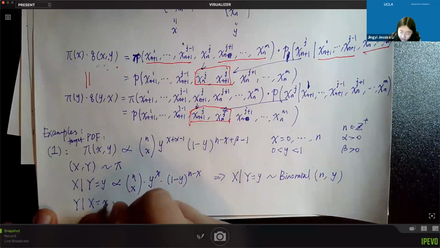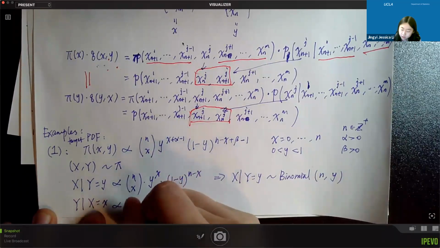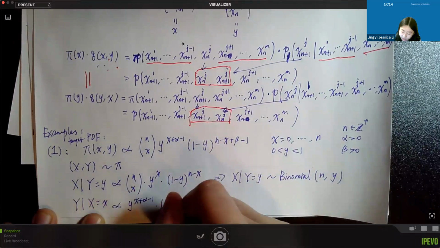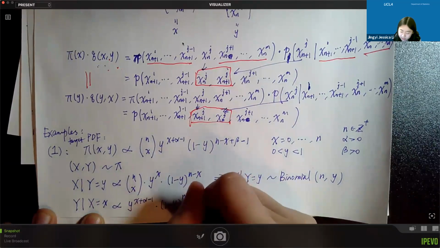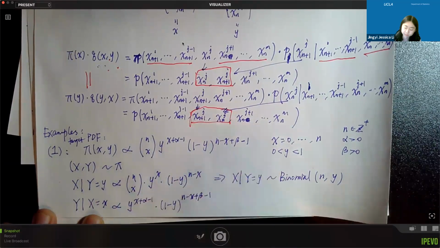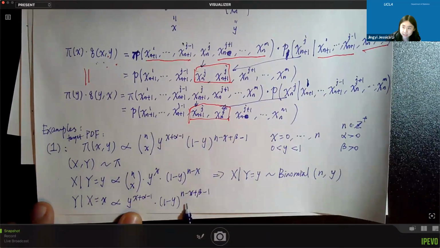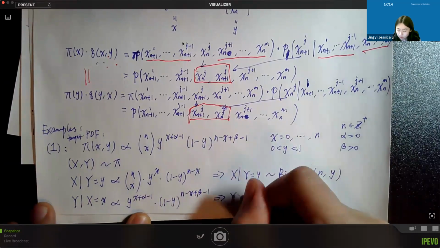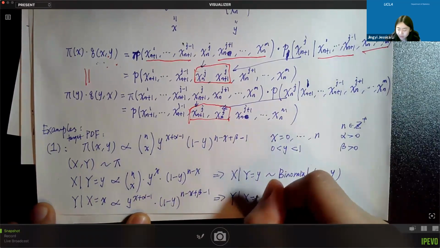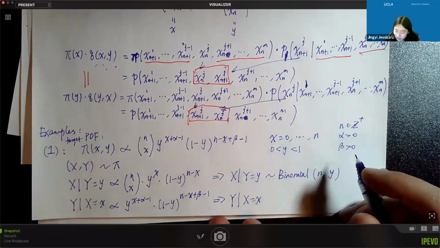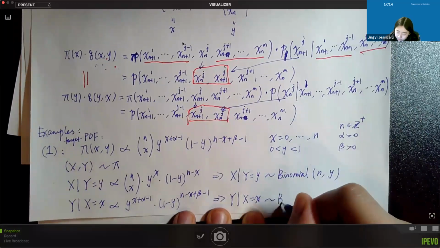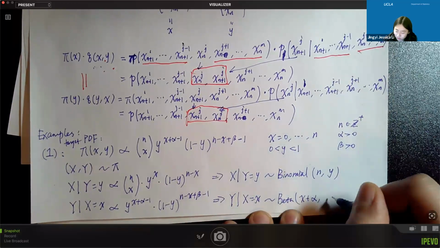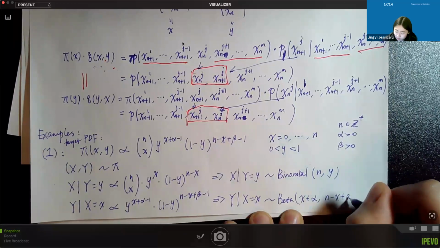So this is proportional to y to the power x plus alpha minus 1 times 1 minus y to the power n minus x plus beta minus 1. We can recognize this is the density of a beta distribution. So conditional on x equals small x, the conditional distribution of y is beta with the 2 parameters x plus alpha and n minus x plus beta.